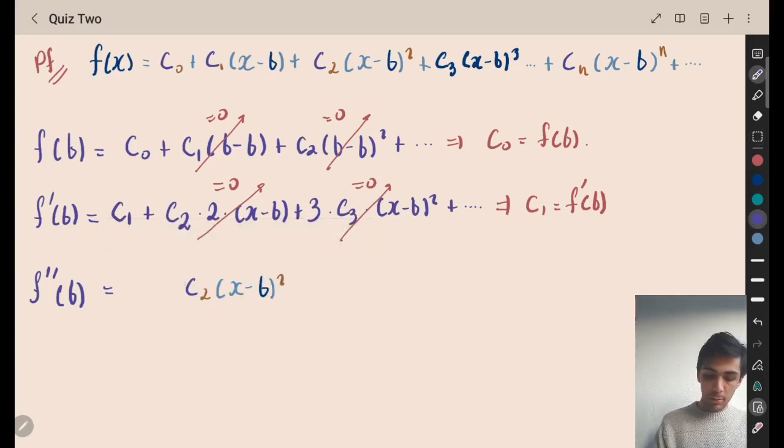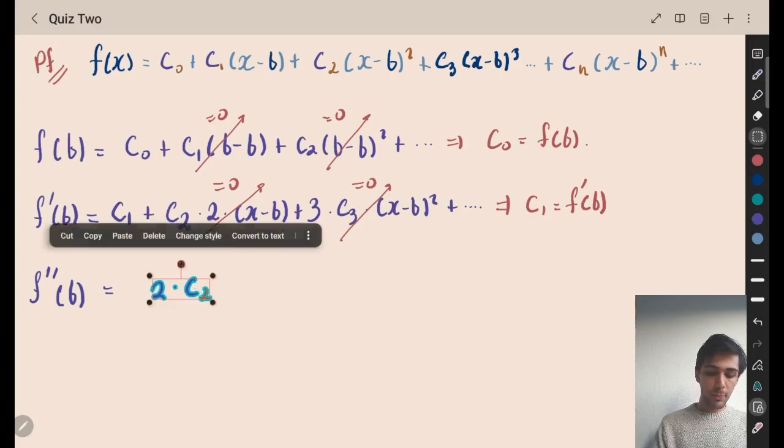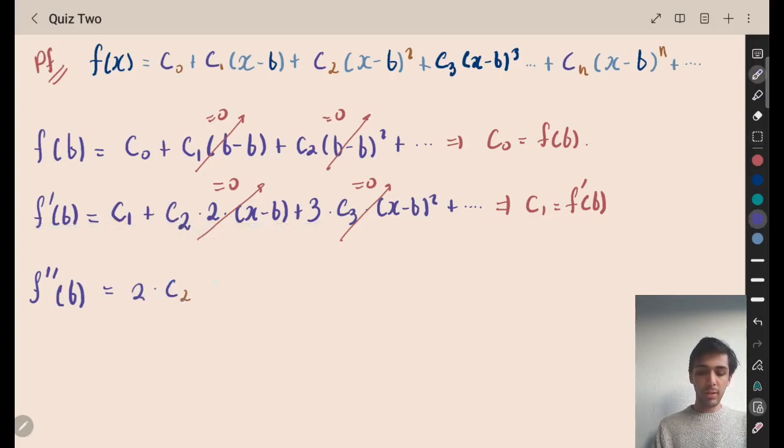Because if I take the second derivative of this thing, well, let's say I just take the first derivative of this thing. The first derivative is, well, you drop down the 2, and you take away 1 from the power. Then you take the derivative again. Then this thing goes away, and you're left with 2 times C2 is equal to f double prime of b.